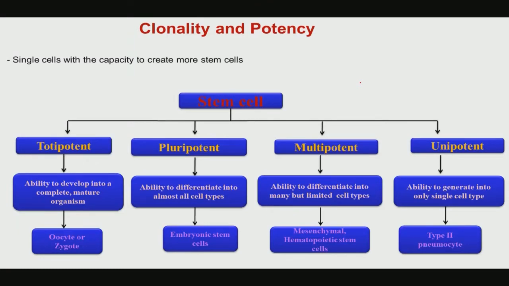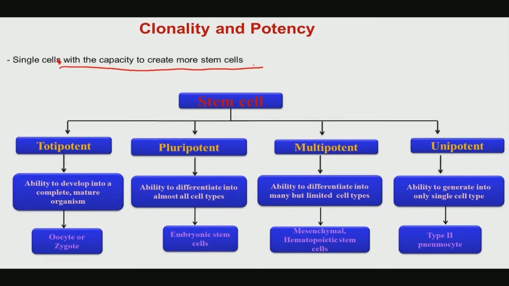Now, clonality and potency can be described as follows: a single cell with the capacity to create more stem cells, and in terms of potency stem cells can be classified into 4 different types. One is totipotent, one is pluripotent, third is multipotent, and fourth is unipotent.